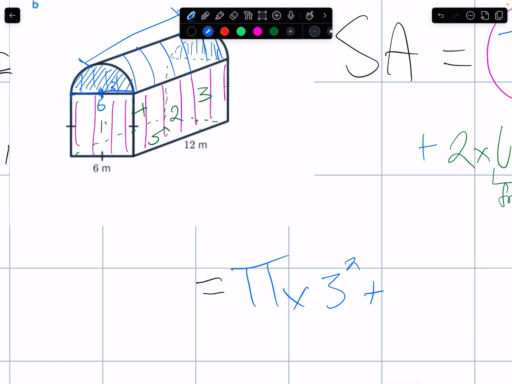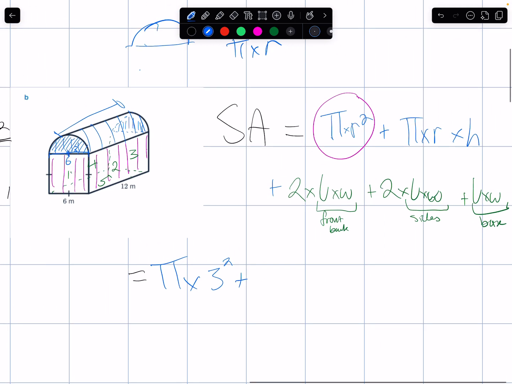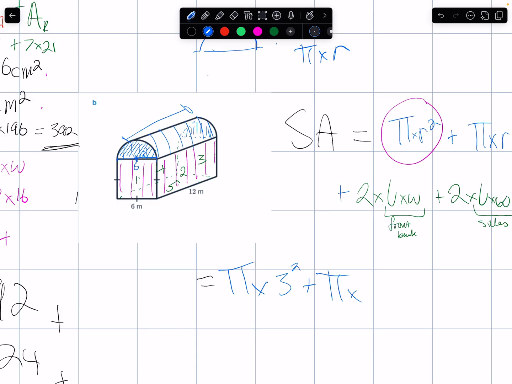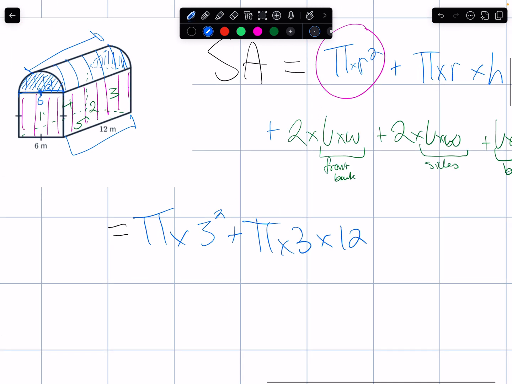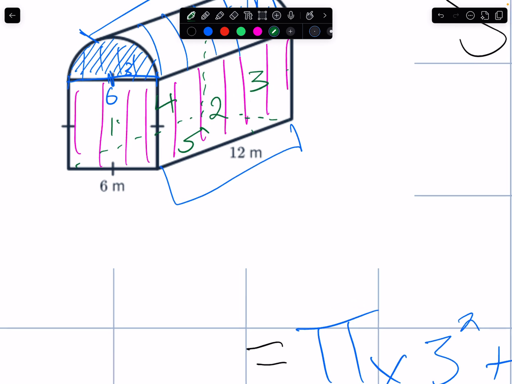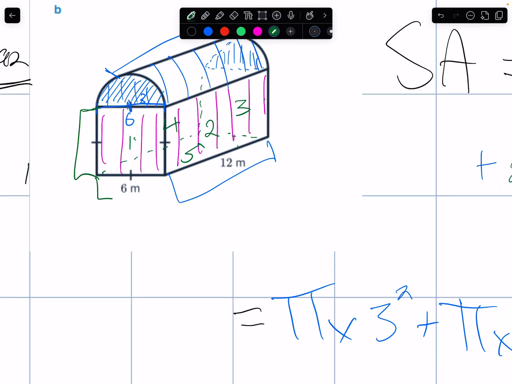Pi times 3 squared plus pi times 3 times our height, which is the height of the cylinder, which is 12. Then we're going to add plus 2 times length and width, front and back. So that's with our front face. Front here, length, width. 6 and 6.